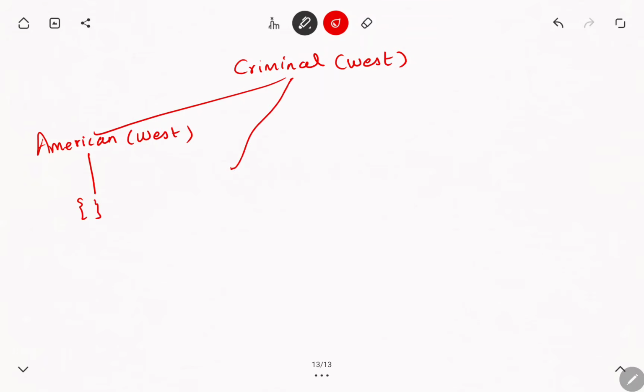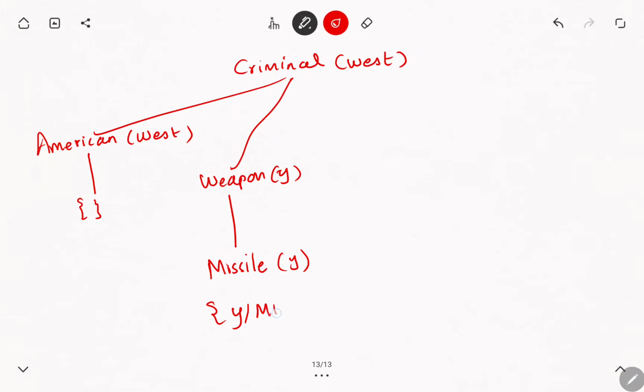These empty brackets mean no substitution. Then I have to prove weapon Y. Now in order to prove weapon Y, I have to prove that Y is a missile, because that's the only way something can be a weapon. But in order to prove missile Y, I need a substitution, that is Y is substituted by M1.